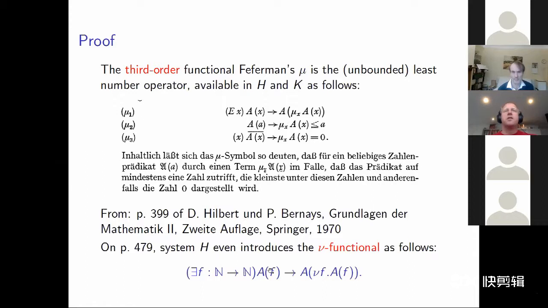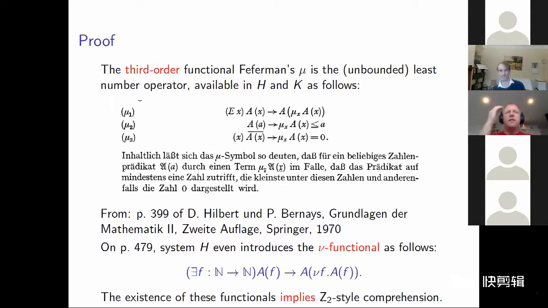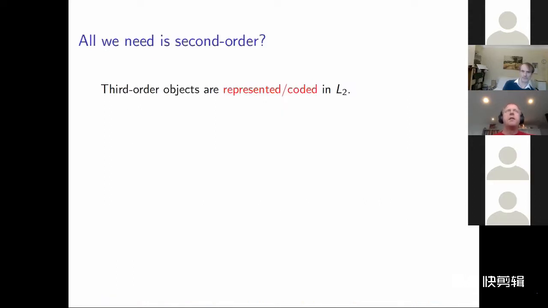If there's a function satisfying some formula A, nu of f finds it. And of course, if you have these functionals, you can introduce Z2-style comprehension, but comprehension is never mentioned. It's actually a fundamentally higher order system. So I just wanted to make that clear.